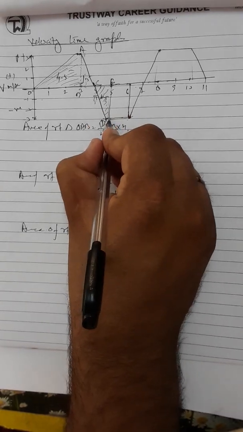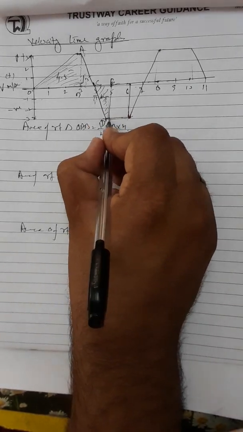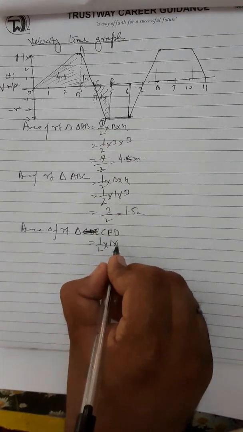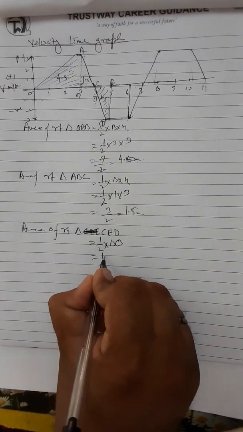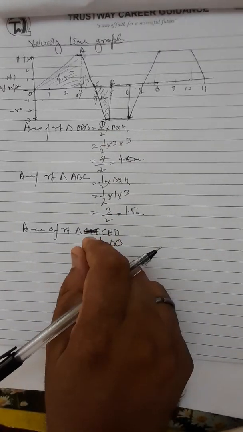Height negative, displacement 3. So 3 by 2, 1.5 meter.